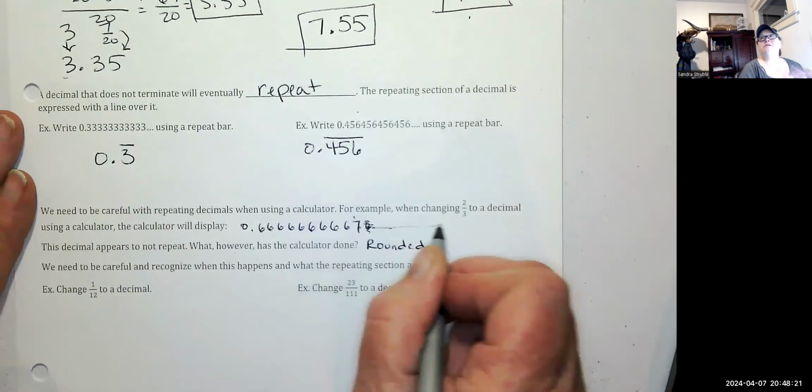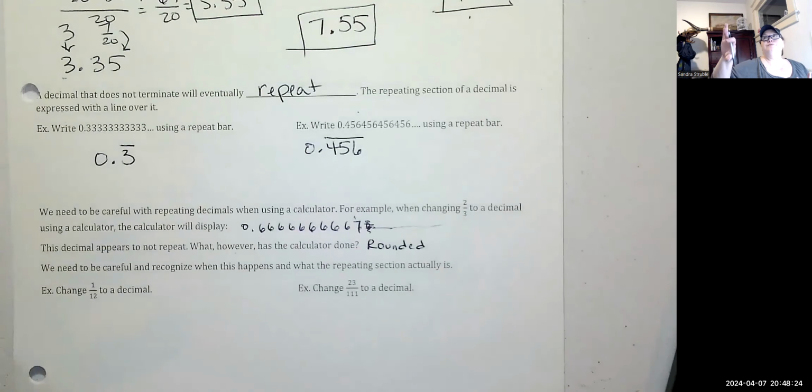And the rest of these disappear. Remember, after we rounded, you get rid of all the numbers to the right. We need to be careful and recognize when this happens and what the repeating section actually is.